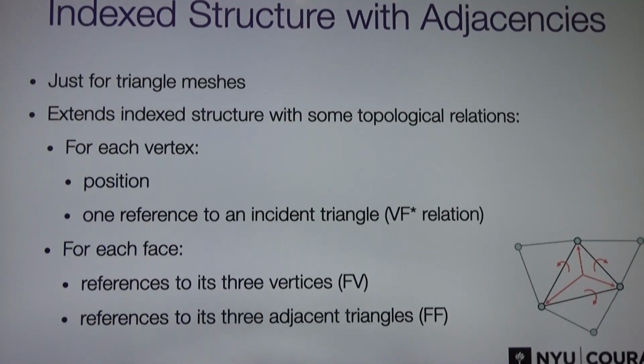Of course, for triangle meshes you can also encode adjacencies, and it's an extended indexed structure with a little bit of topological relations built in. So for each vertex we encode its position and a reference to an incident triangle. So why does it help? It helps to enforce this locally consistent orientation on the entire mesh.